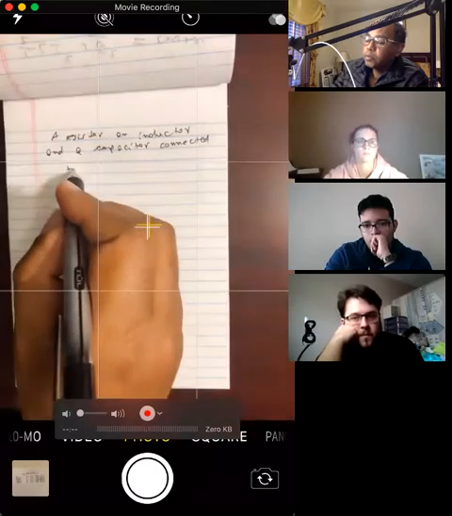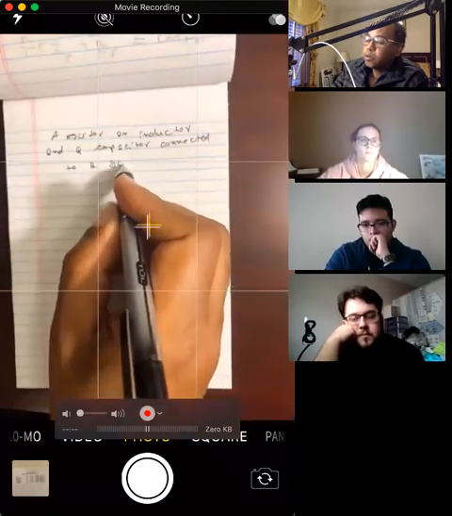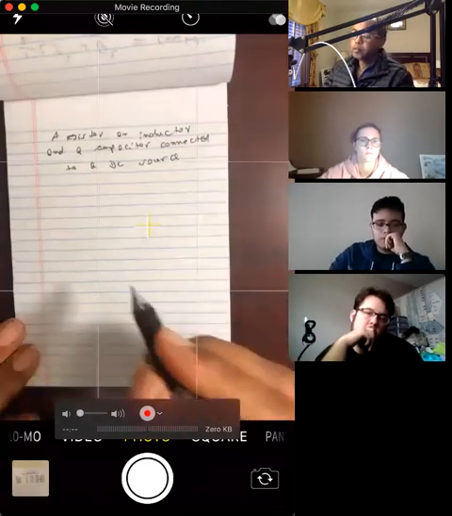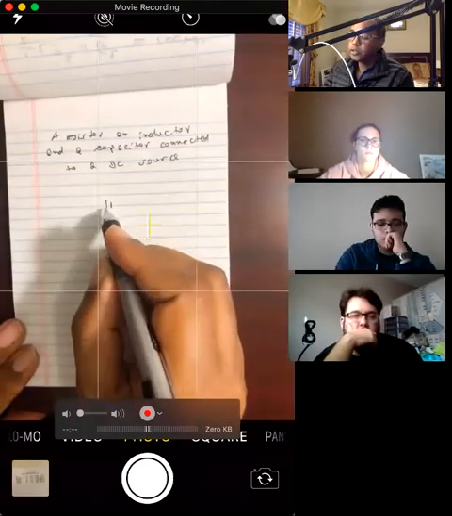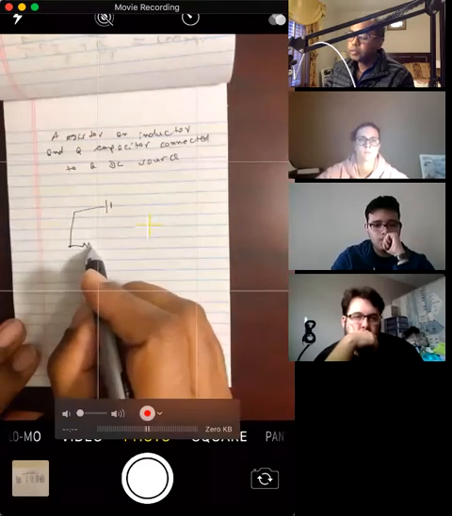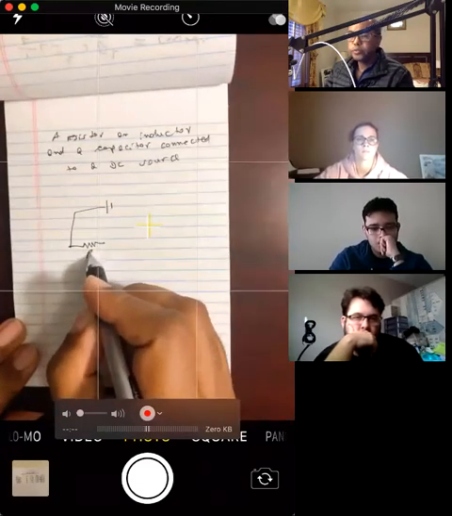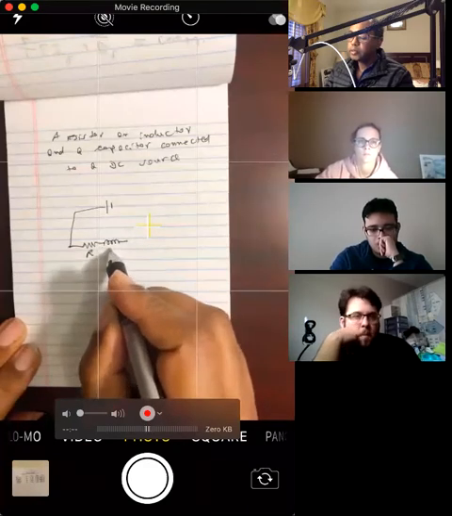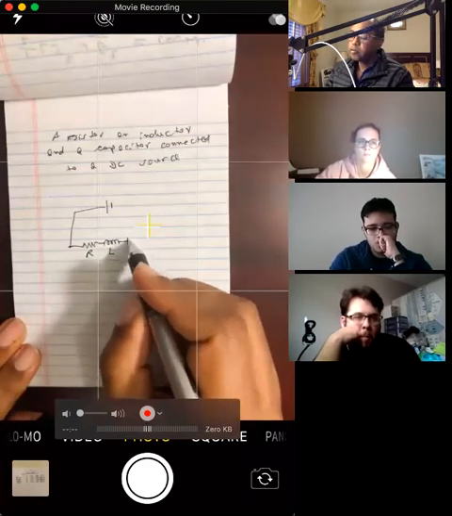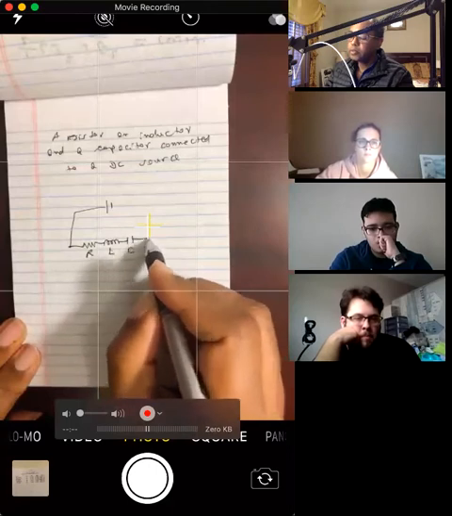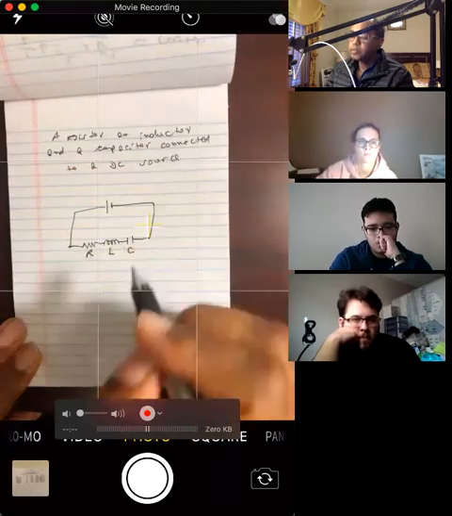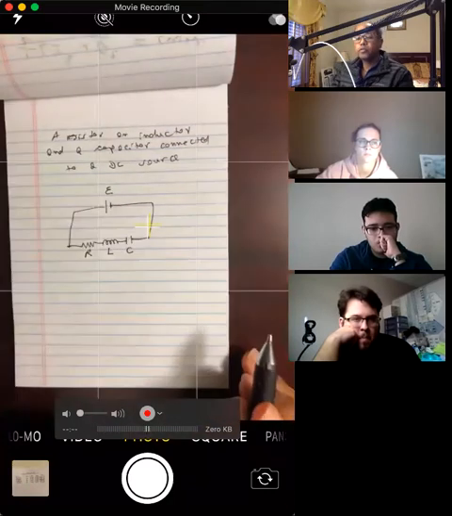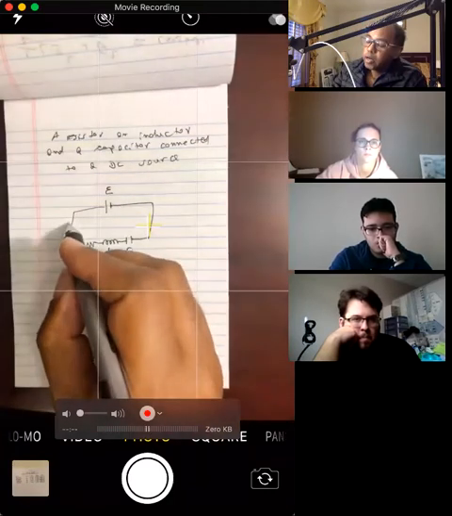So we have a DC source over here, connected to a resistor identified by its resistance R, an inductor identified by its inductance L, and a capacitor identified by its capacitance C. So this is the circuit we have. Suppose the EMF of the source is E, so we're going to have a flow of current this way.